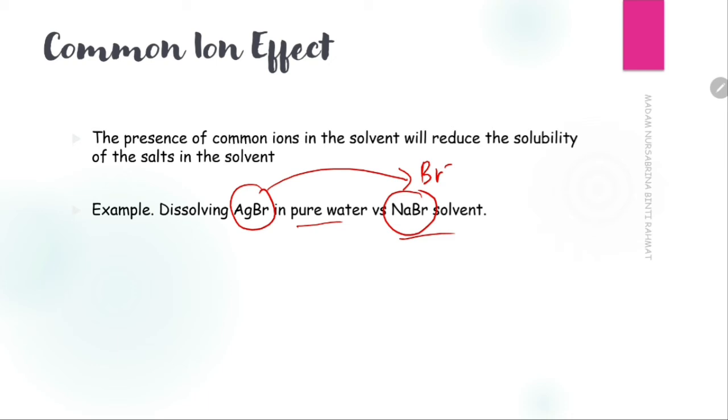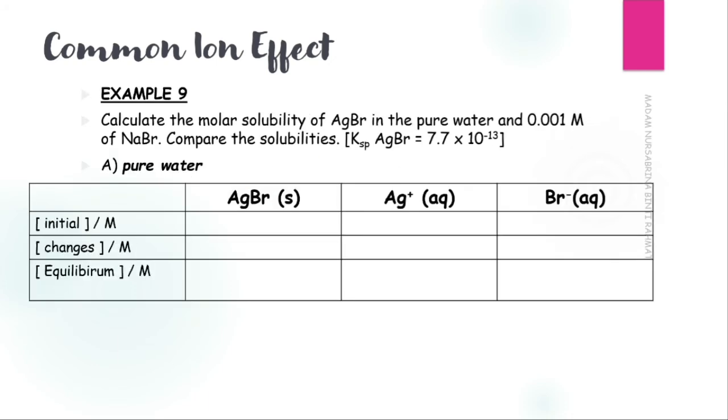So let's look at example 9 for you to understand the effect of common ion towards solubility of silver bromide. First, let's calculate the solubility of your silver bromide in pure water. We start with silver bromide in pure water with 0 concentration because it's pure water. So we're going to fill up this ICE table, but before that, we have to first write down the reversible equation for the dissolving reaction.